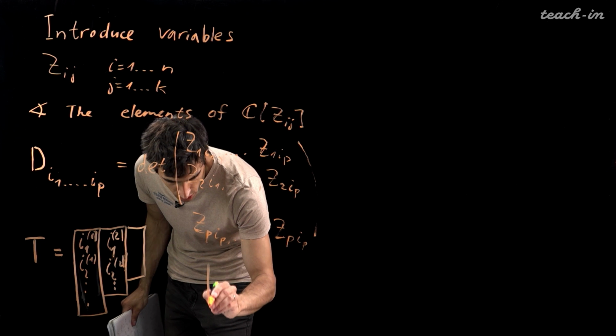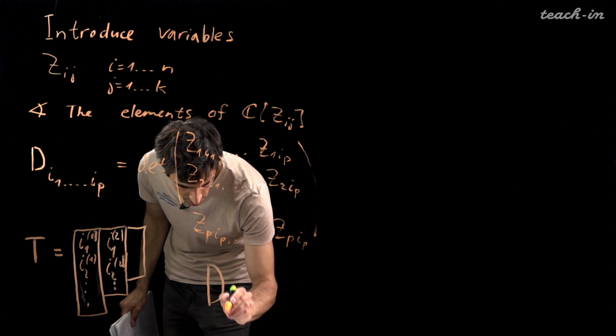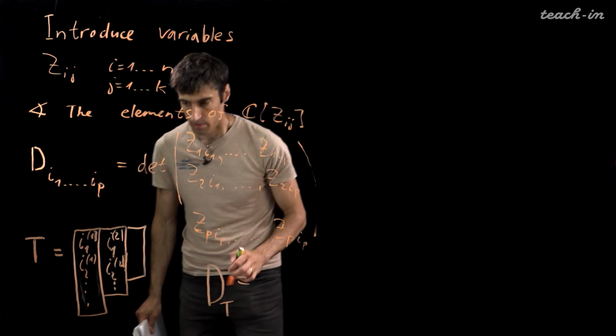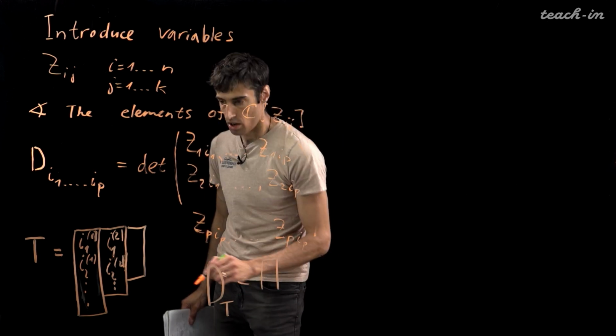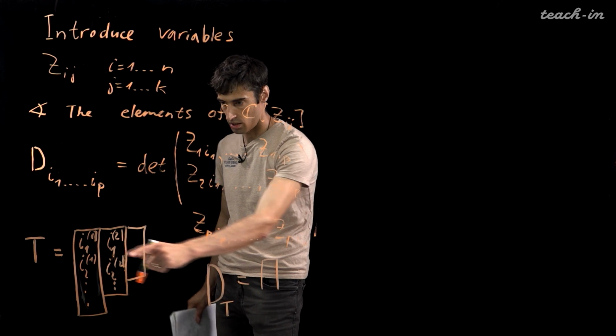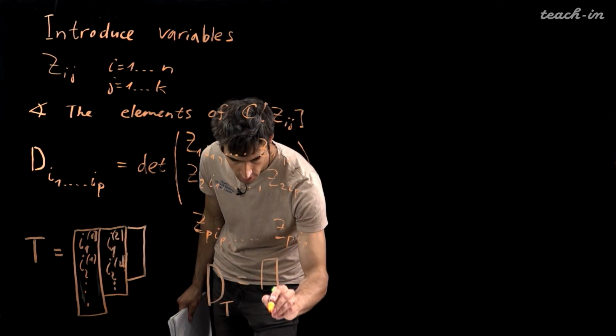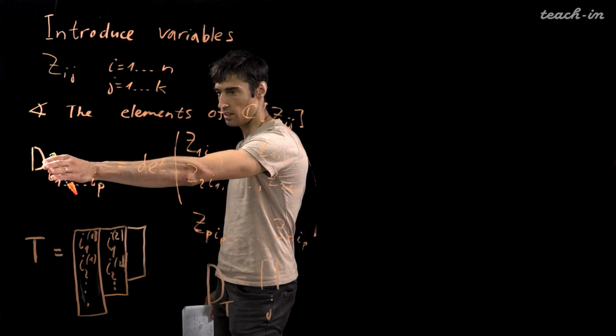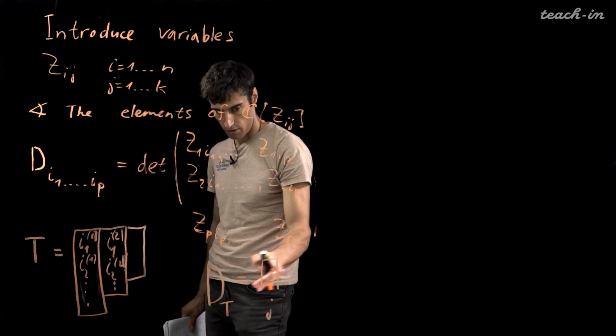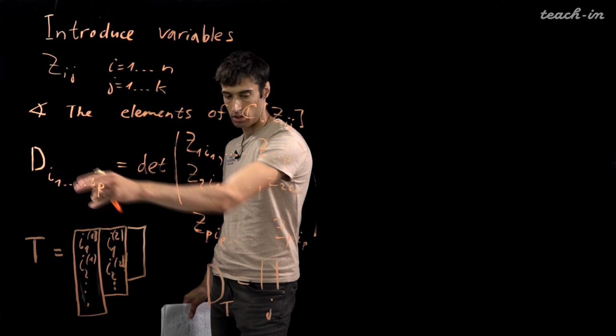Then introduce the corresponding element d_T. It's a product over columns of T. For each column, there is a factor of this sort.